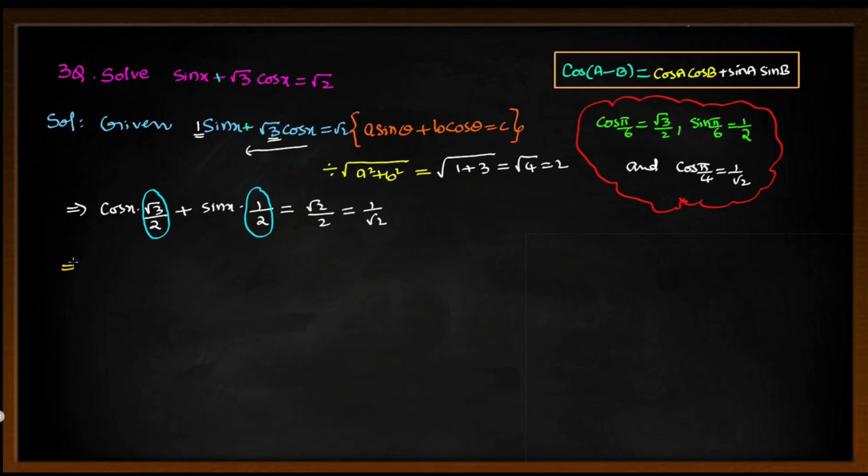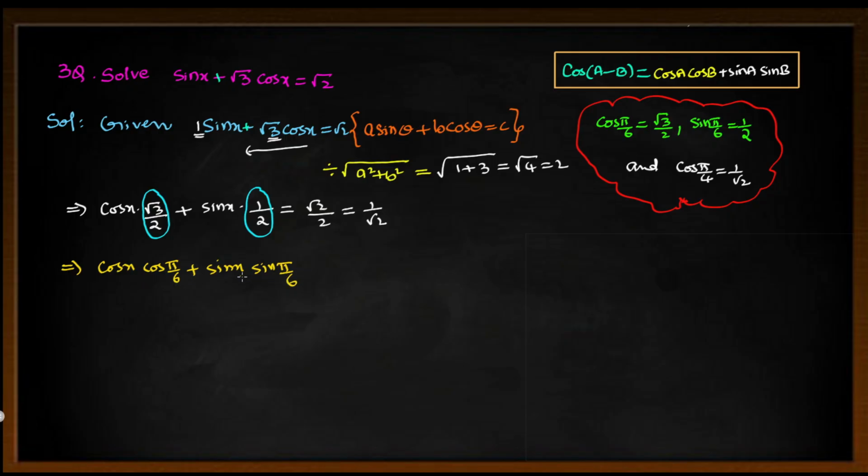So the first term is cos x as it is. Now root 3 by 2 in terms of cos: we know that cos pi by 6 is root 3 by 2, so we can write cos pi by 6, plus sin x, and 1 by 2 in terms of sin is sin pi by 6.